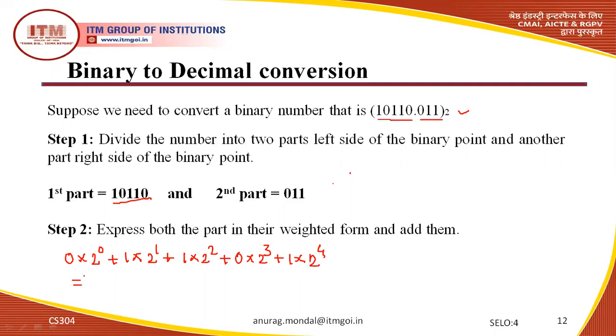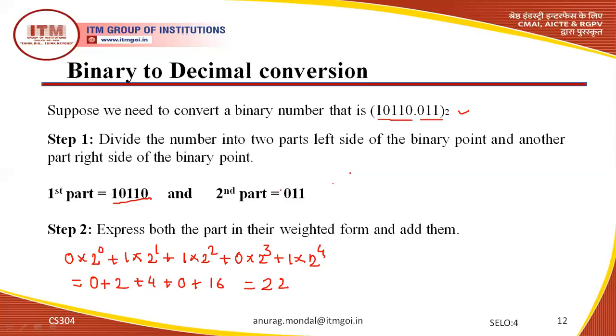So ultimately what we have 0 over here, plus we have 2 over here, we have 4 over here, we have 0 over here, plus we have 16 over here. Okay, so ultimately what we have, only 22. 16 plus 4, 20 plus 2, 22.